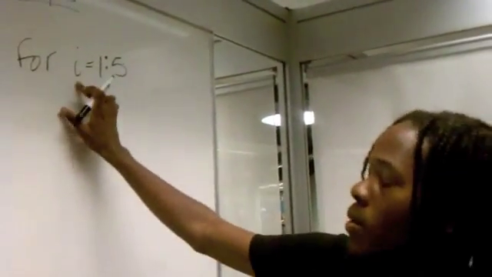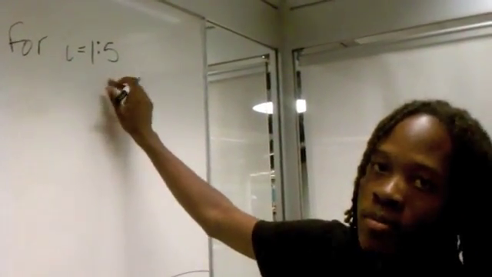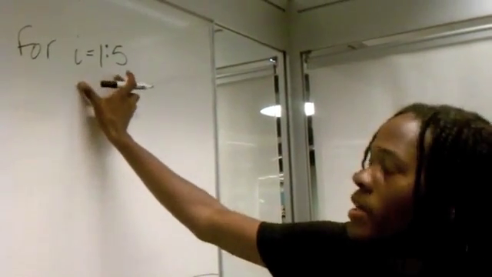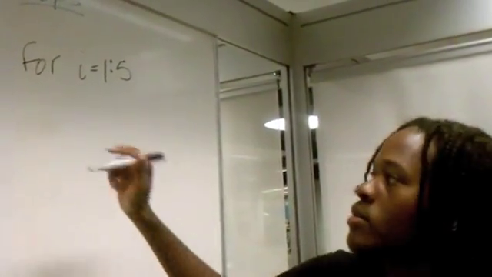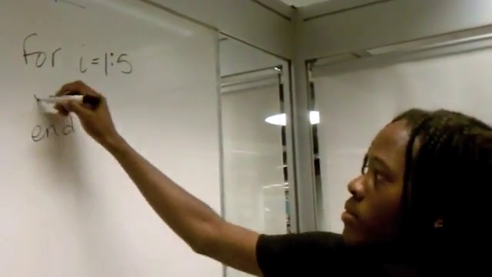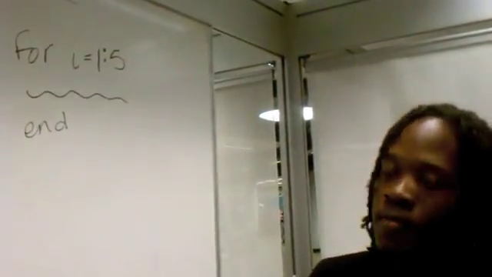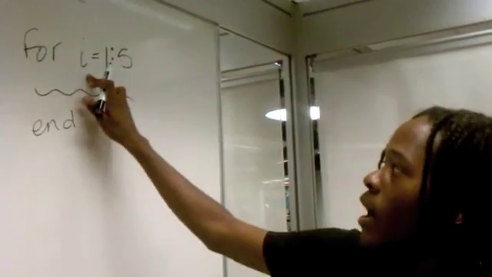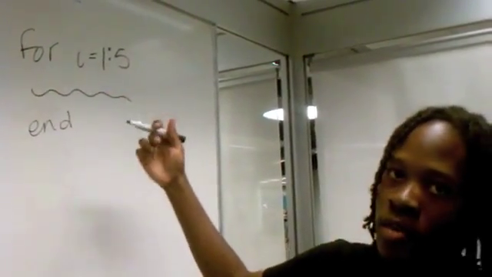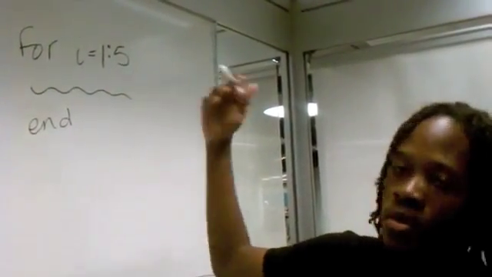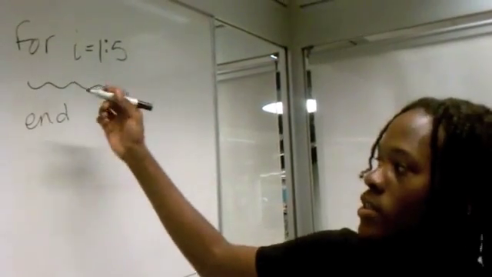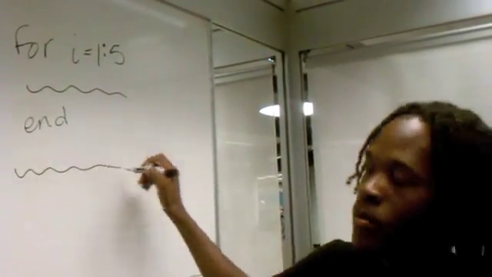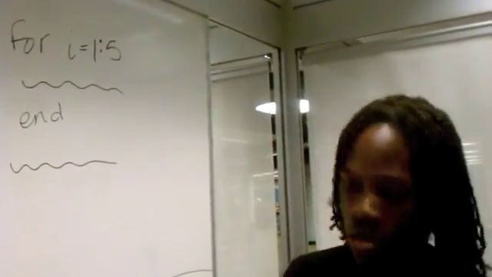We're going to set I equals the vector 1 to 5, and it's going to go through this loop 5 times. Each time through, I is going to increment: I is going to go to 1, 2, 3, 4, 5. Once it gets to 5, it's going to go past the loop and continue executing the code.